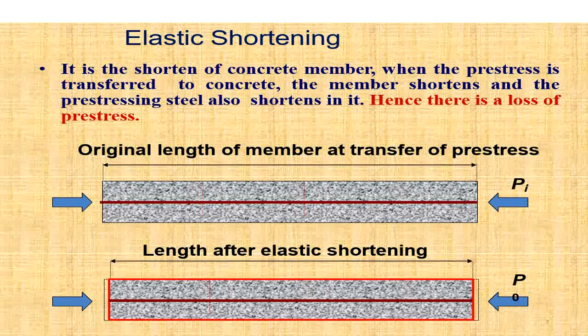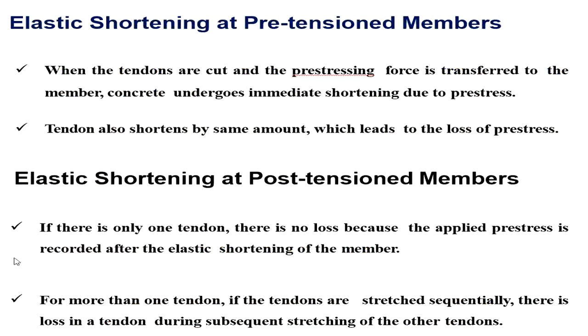Then due to this pre-compressive force, the member gets deformed. It is shown here. So this is called elastic deformation. So how to calculate the loss that occurs due to this elastic deformation, and various things we should know in case of elastic shortening in the pre-tension member and post-tension member.